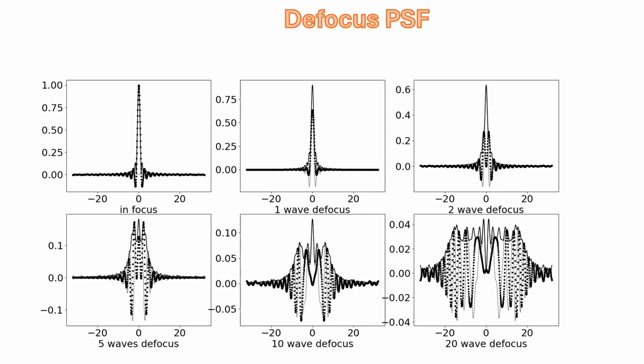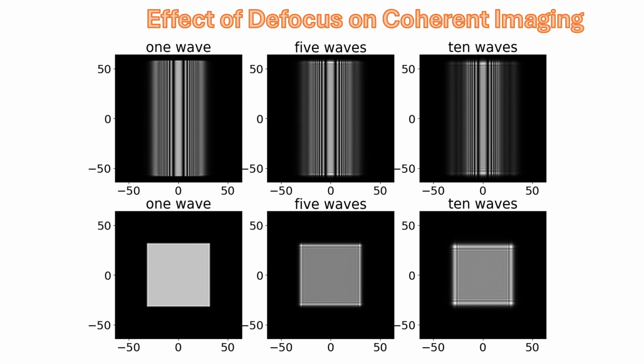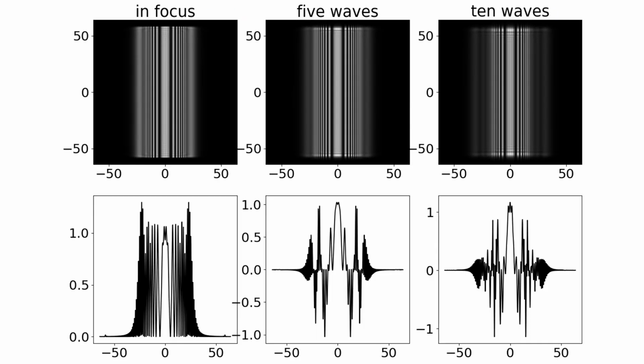If we look at the effect of that on images, this was another slide from episode 38. We see that when we have this chirped field, the high frequencies are aliased by the broadened or the oscillatory point spread function. And at the edge of sharp objects, we start to see oscillations due to the oscillatory structure of the underlying PSF. We also looked at cross sections of this chirped pattern.